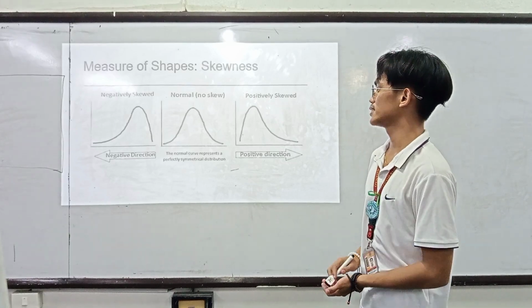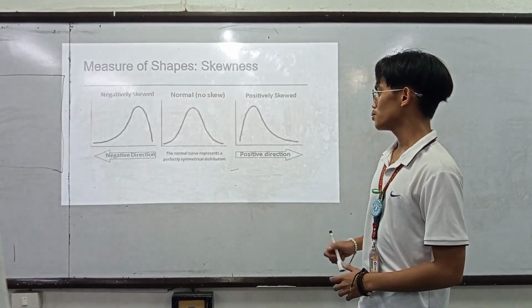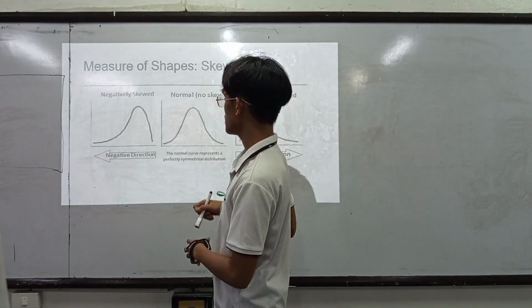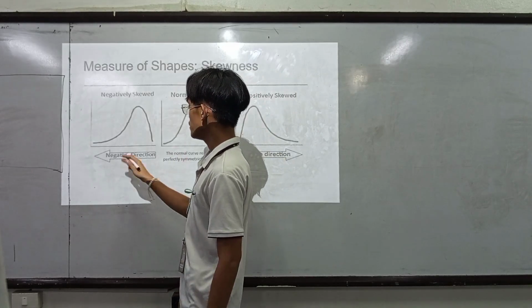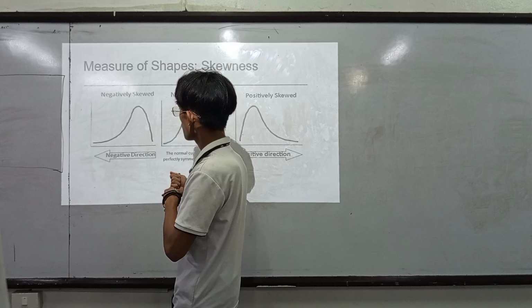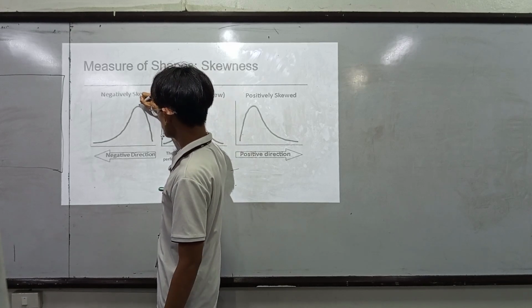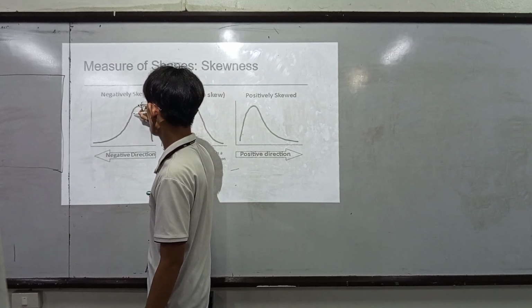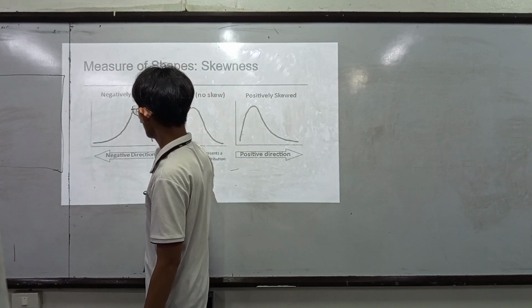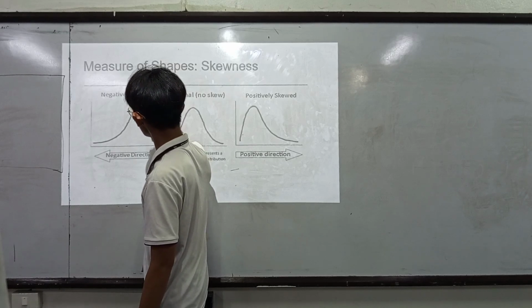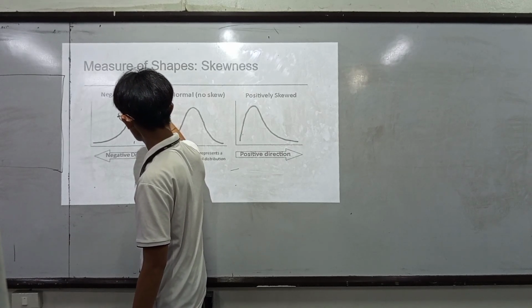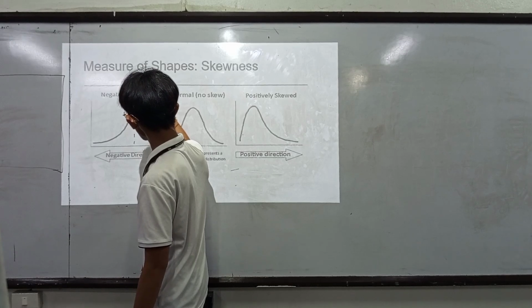Now let's further discuss the negative skew. So what does it mean? As I have said earlier, the negative skew at its tail will be extended to its left. So the mode will be located here at the peak of its curve, and then your median will be somewhere here on the left side of your mode. This is your median, this is your mode.